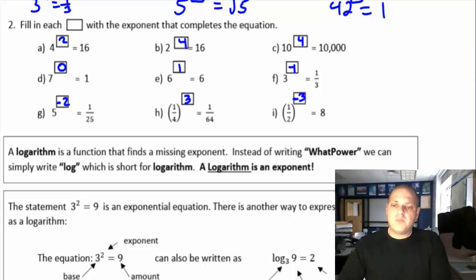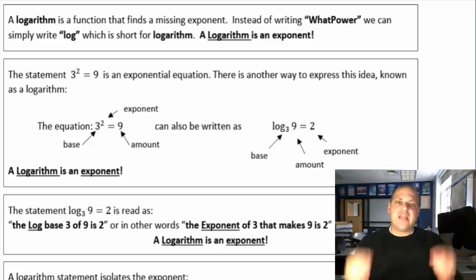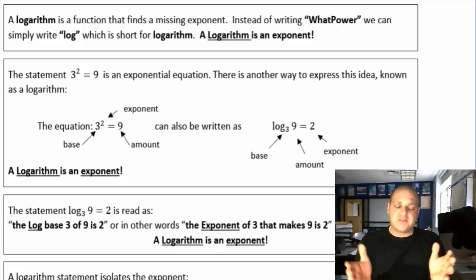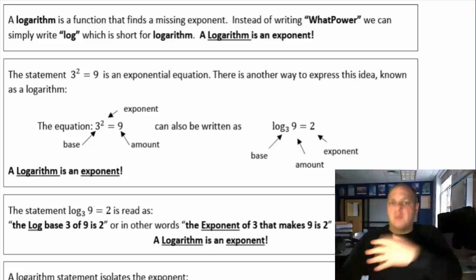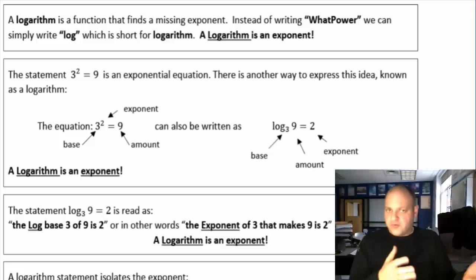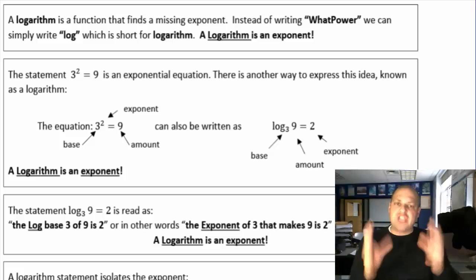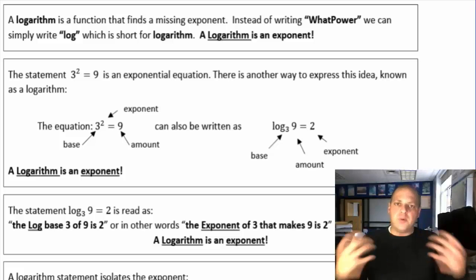Why did we do all this? It's all for logarithms, okay? A logarithm is a function that finds a missing exponent, and that's what we just did in those two exercises. We said, what power do we need to get a bigger number or a smaller number? Because sometimes it goes fractions or whatever. It could be a smaller number, but either way, you're changing the base to a different base. You need an exponent to do that.